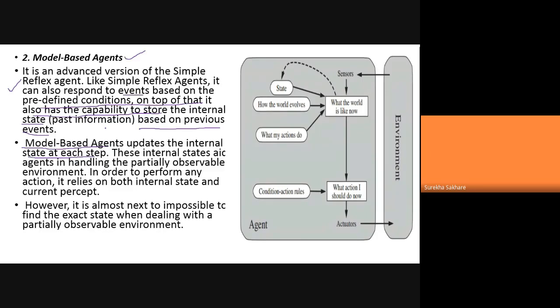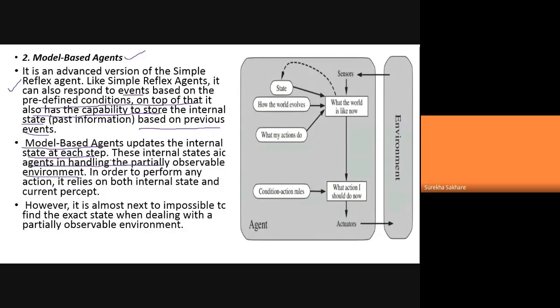Now what is the model based agent going to do? It will update the internal state at every step. Now, this sort of agent is more useful when we have an environment which is not fully observable. We can use it even in the partially observable.